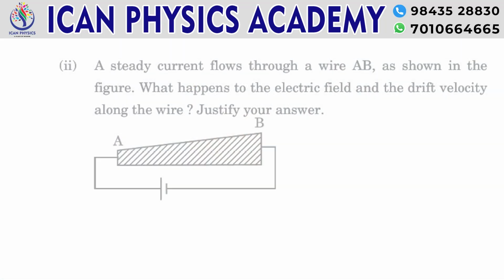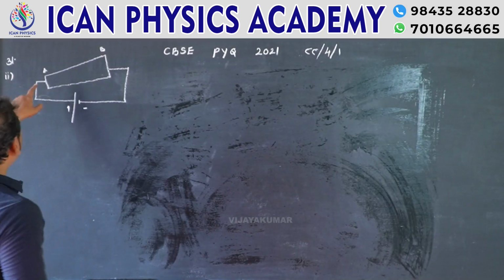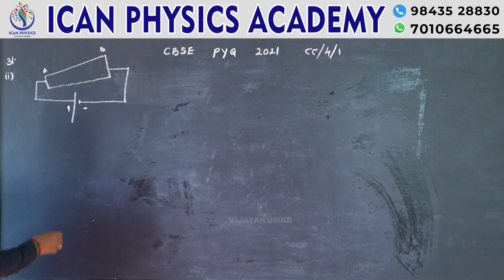No doubts. Okay. Now the question number 31-2. A steady current flows through a wire AB as shown in the figure. What happens to the electric field and drift velocity along the wire? Justify your answer. Now, let us consider a conductor AB connected with an external source.